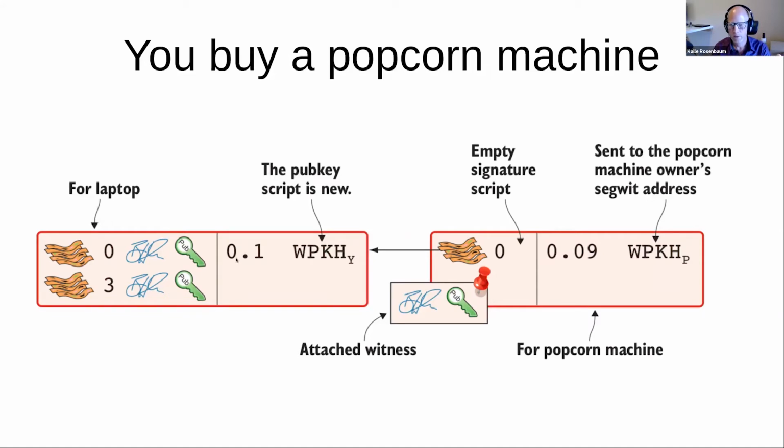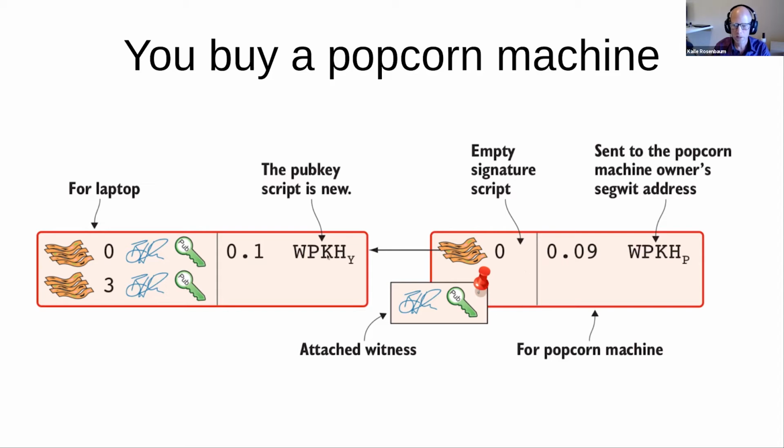And now, I want to buy a popcorn machine. This is my money. And I want to buy a popcorn machine. So I asked the popcorn machine guy for his address, and he has a SegWit wallet as well. So he gives me a pay to witness public key hash address. So I put that in the output here. But more importantly, what I do with the inputs.